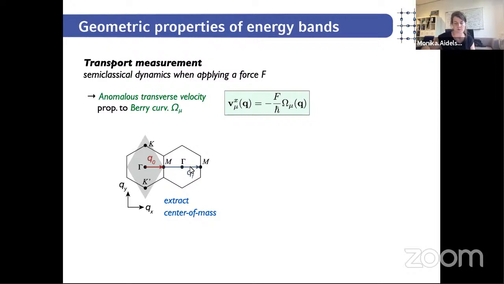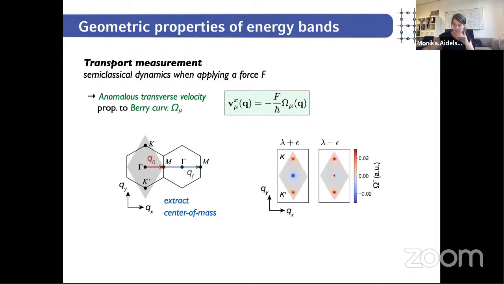So we look at the center of mass deflection, which, depending on the Berry curvature, is either no deflection if there's no Berry curvature at all, or it can be deflected to the left or to the right, depending on whether there's positive or negative Berry curvature concentrated around the gamma point. And this allows us, by changing the different parameters of our system, which allow us to tune across the phase transition, to extract this sign change.